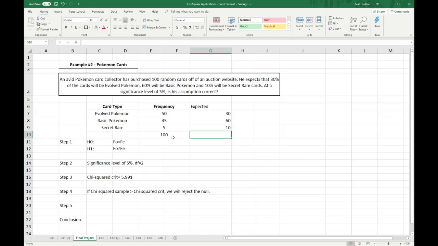And the expected column should also equal 100, just to double check you're on the right path.